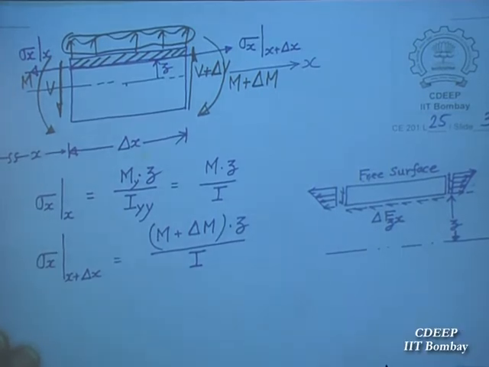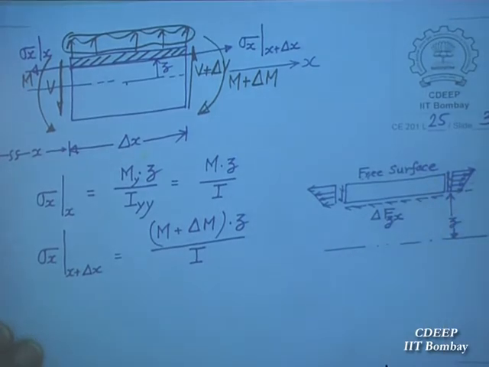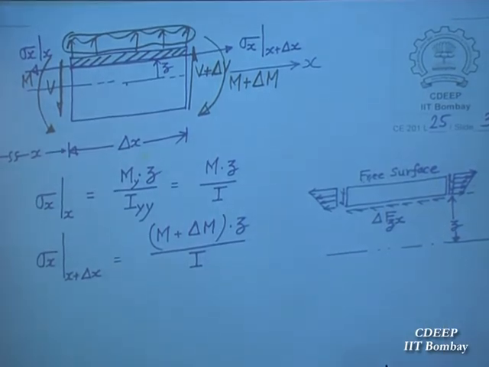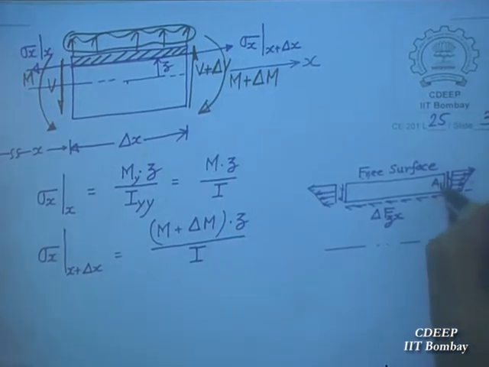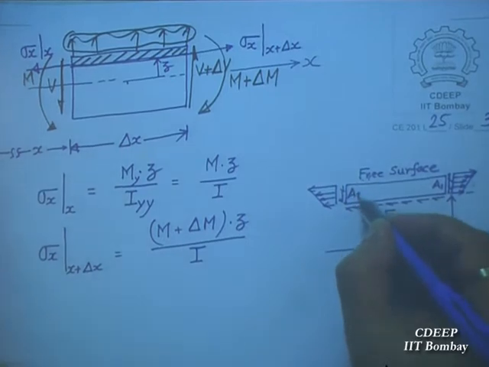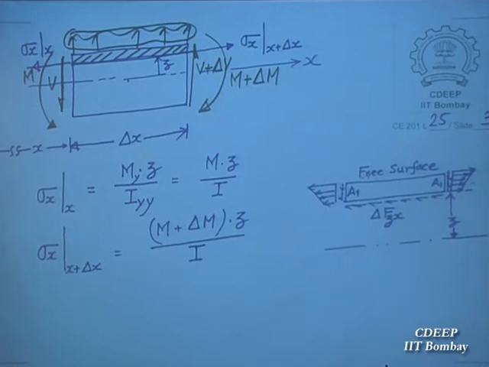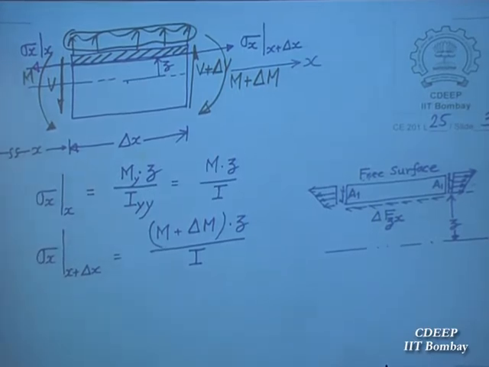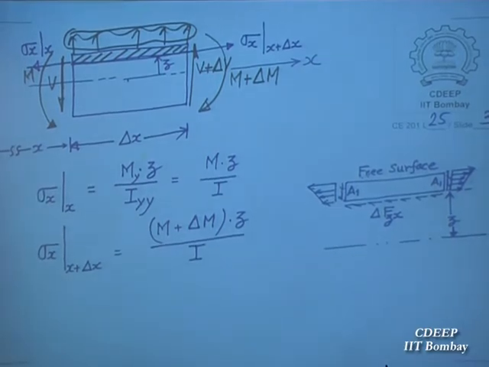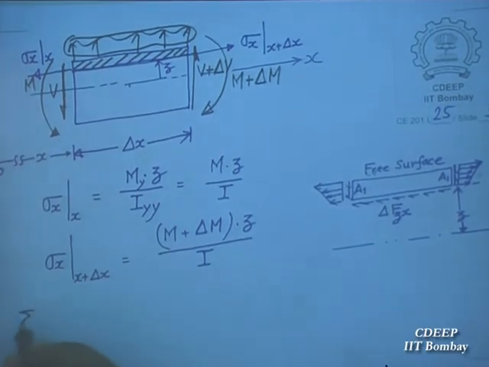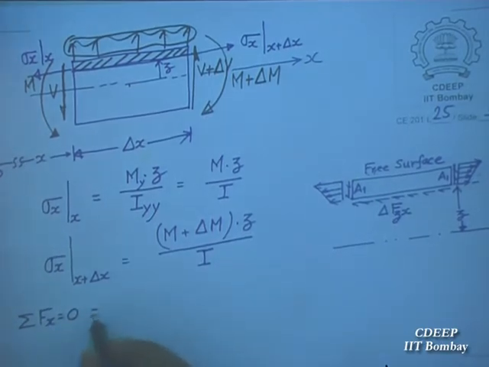You see, this area, top area is A1. This is also A1, area of cross section. Now let me sum all the forces. Sum all the forces in X direction. They have to be 0.